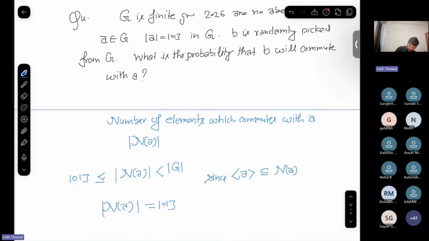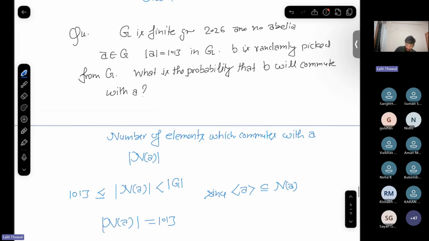Here, that N_A cannot be equal to G. So here we have not used that G is non-abelian, because actually you need to know that G is isomorphic to D_1013 first. Because A might commute with all of the elements, right? Because A might be in the center.